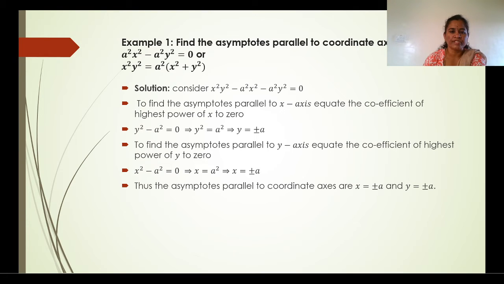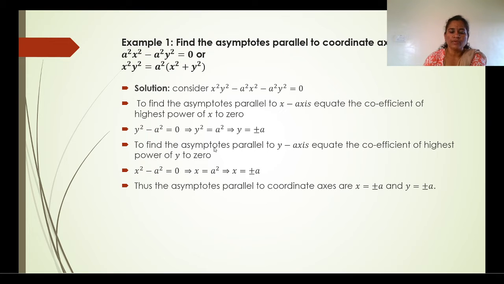We have to see in the given equation that the coefficient of x square is y square, and again x square has coefficient y square minus a square. So y square minus a square equal to 0, y square equal to a square. Then, removing the square, y equal to plus or minus a.